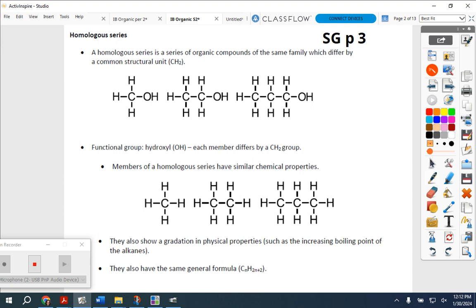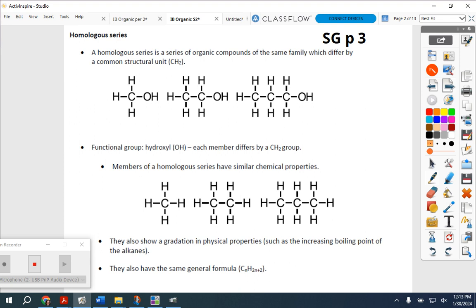And this is actually a pretty common database IA type topic. How do different properties change as you go down a homologous series? I will show you guys a sample IA dealing with the alcohols. You usually want to go a little bit more in depth than just primary alcohols.